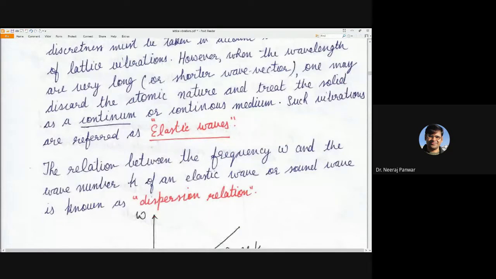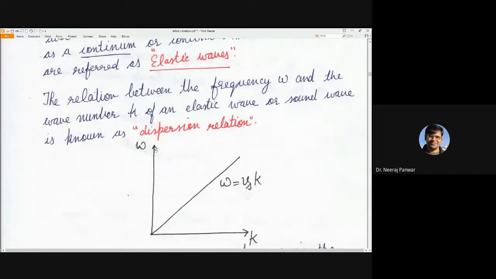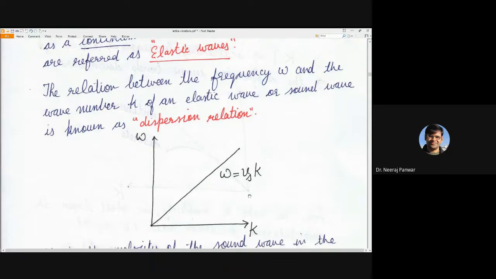So the relation between the frequency and the wave number k of an elastic wave or a sound wave is known as the dispersion relation. So this is the dispersion relation for a sound wave, where omega is linearly proportional to the wave vector, and the proportionality constant is the speed of sound.